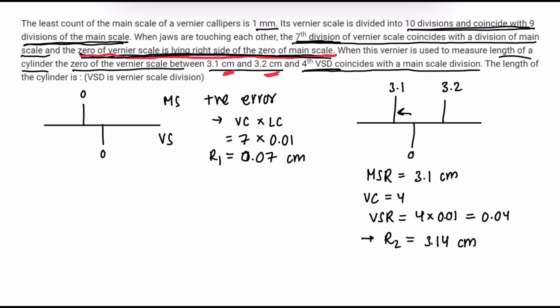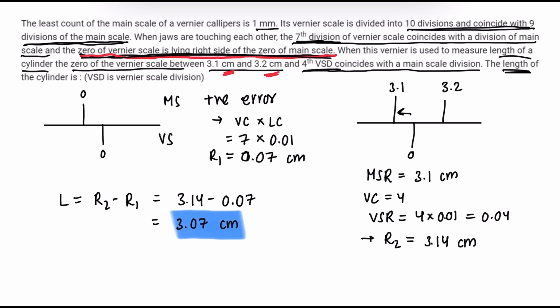Now, they asked us the length of the cylinder, so we can write L is equal to R2 minus R1, which is 3.14 minus 0.07, which is 3.07 centimeters. When they ask you the reading, it would be the 3.14, but the actual length of the cylinder would be this.